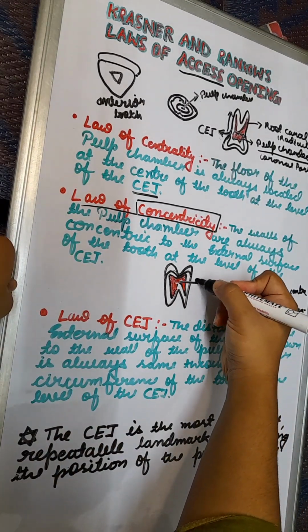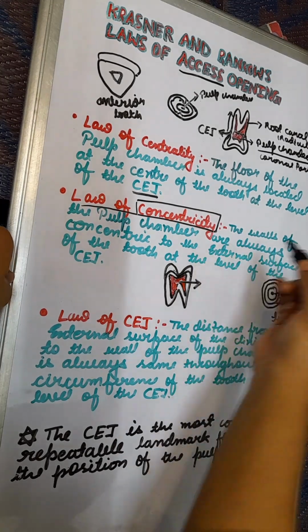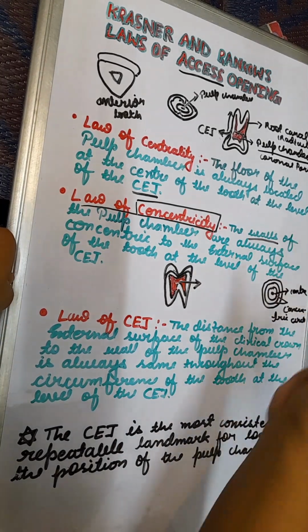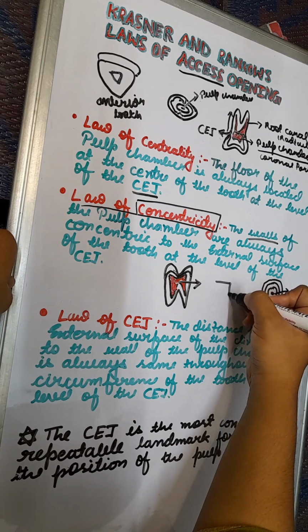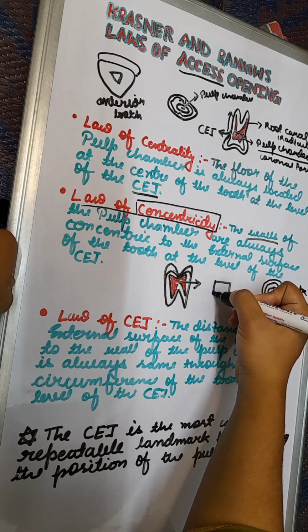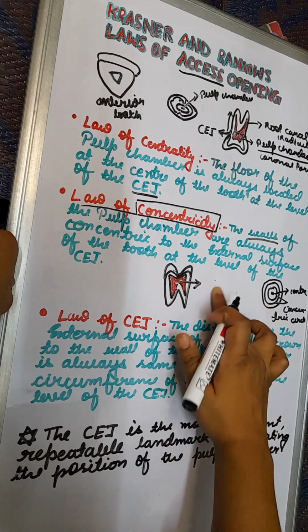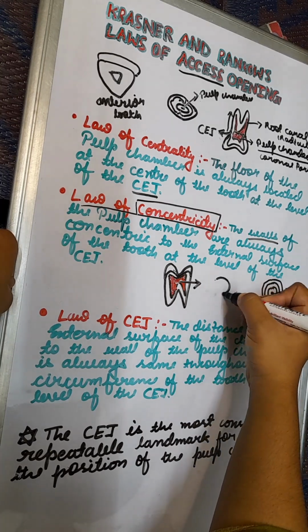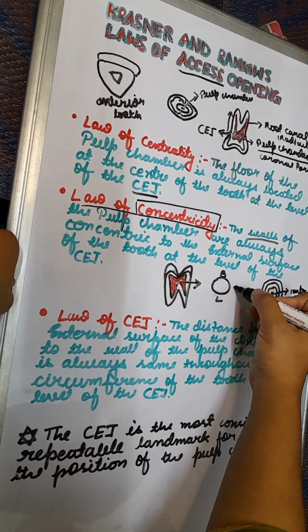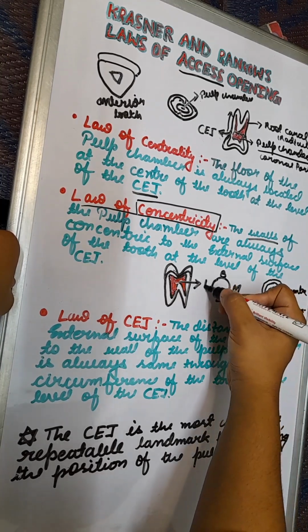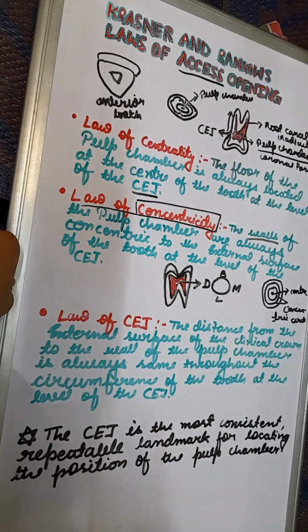Pulp lies in the center of the tooth. So, there could be four walls of the pulp chamber. Let us consider this the buccal wall, this the lingual wall, this could be the mesial, and this could be the distal wall of the pulp chamber.